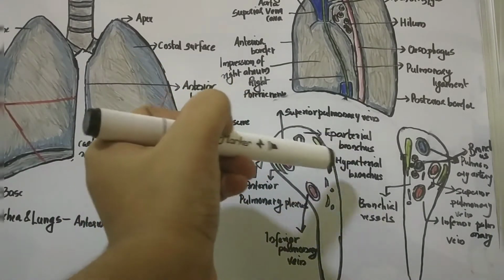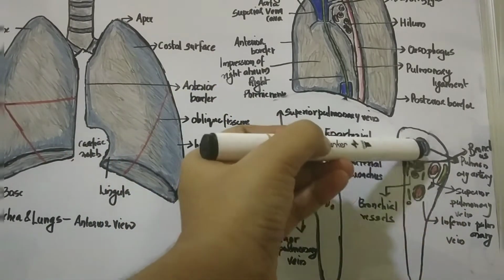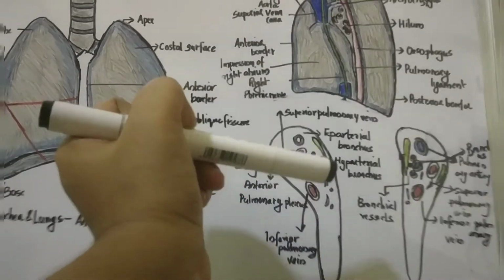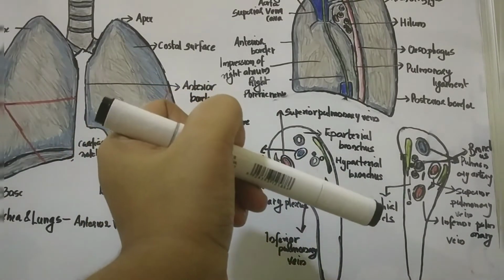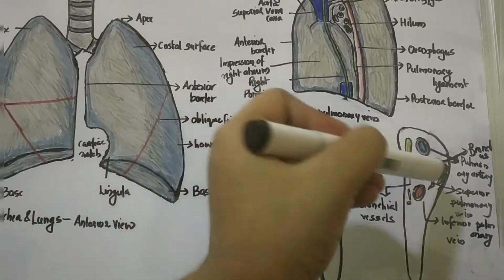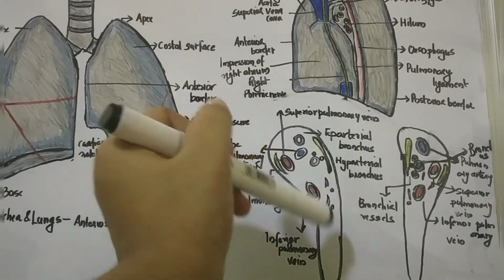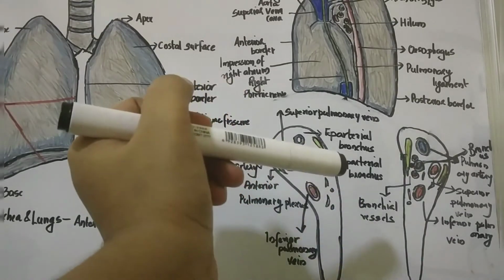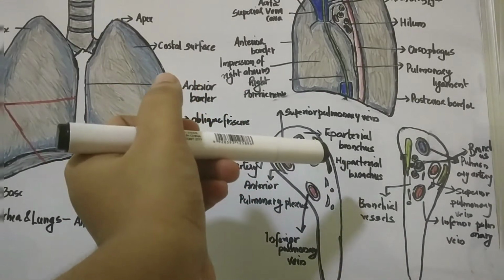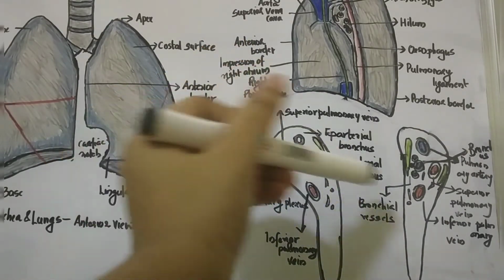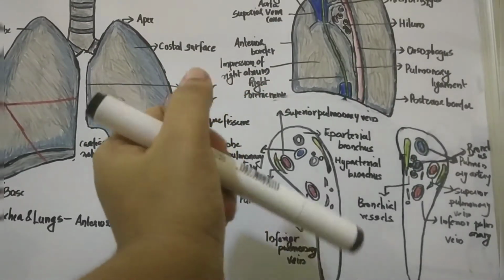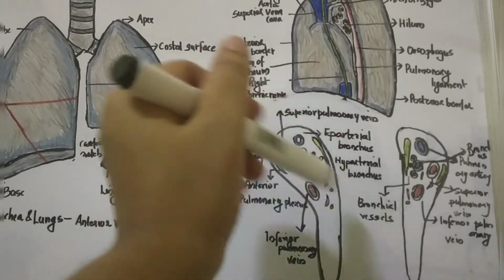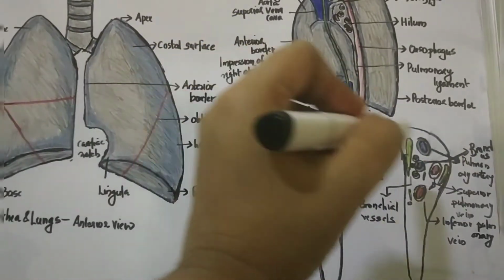There is only one bronchial artery in the right lung and there are two bronchial arteries in the left lung. And the bronchial vein is present in both the lungs. And there are the lymphatics and also lymph nodes. They are also common. And the areolar tissue. So these are the structures that are present in the root of the right and left lung.